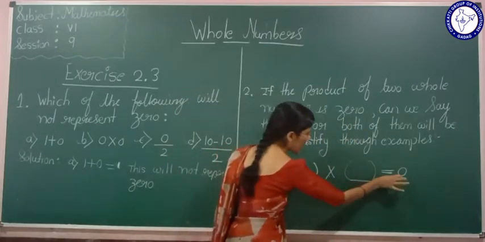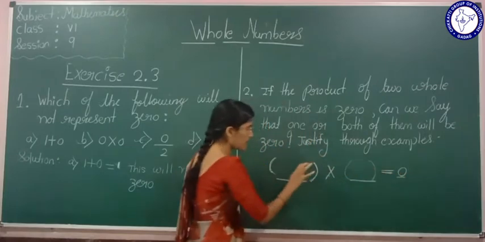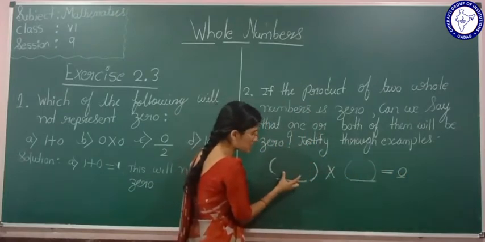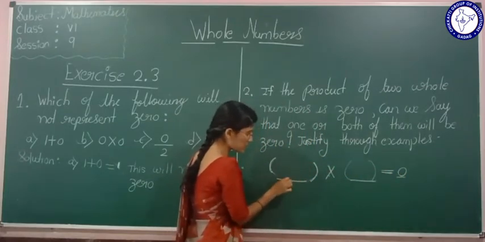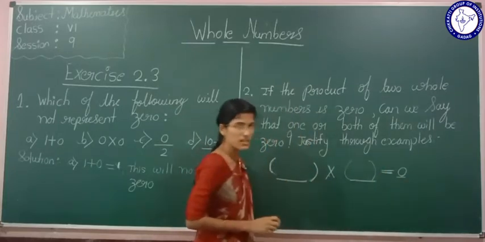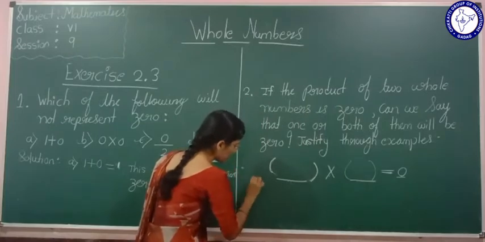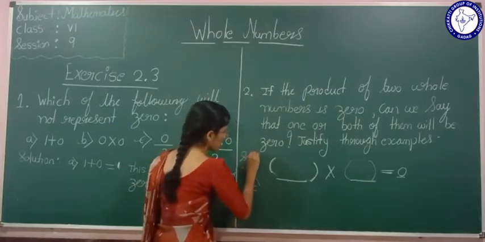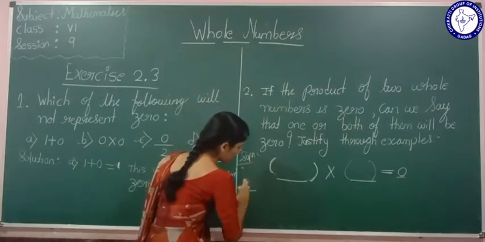To get the answer 0, if one number is 0, then the product will be 0. We will see some examples.